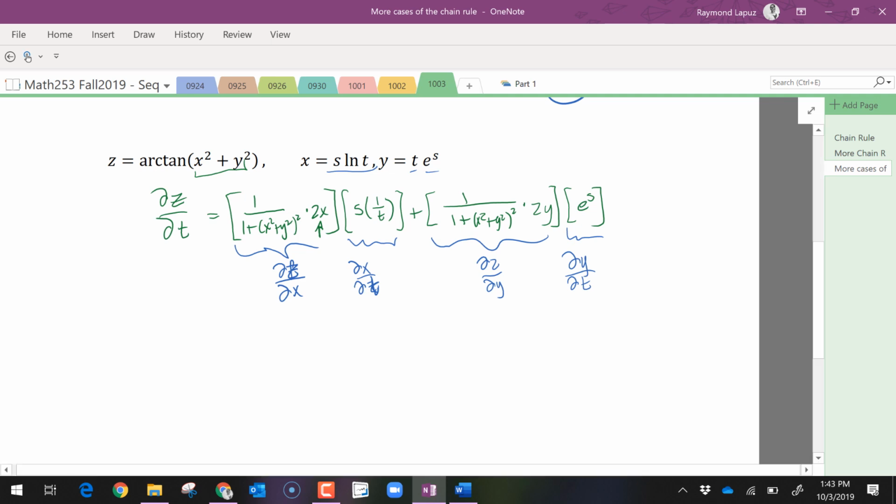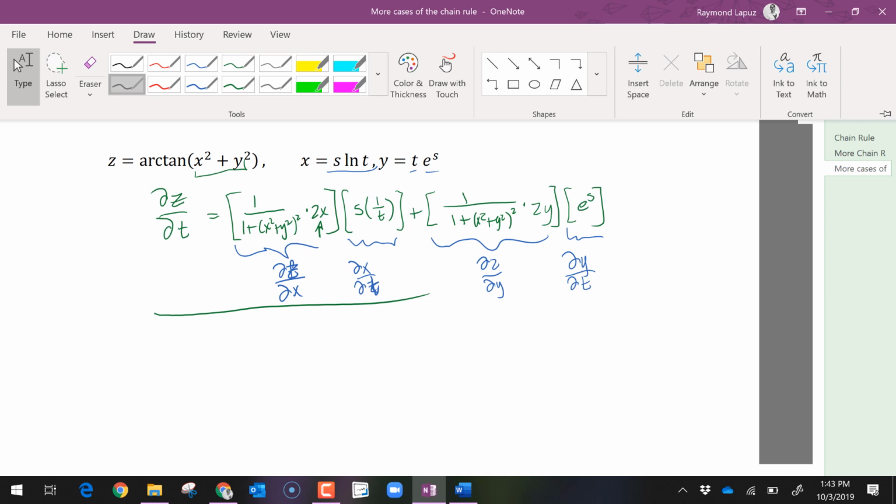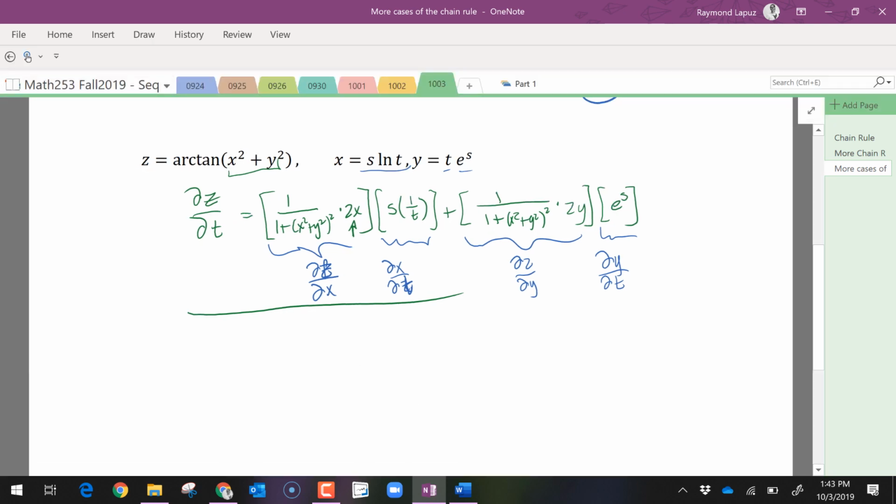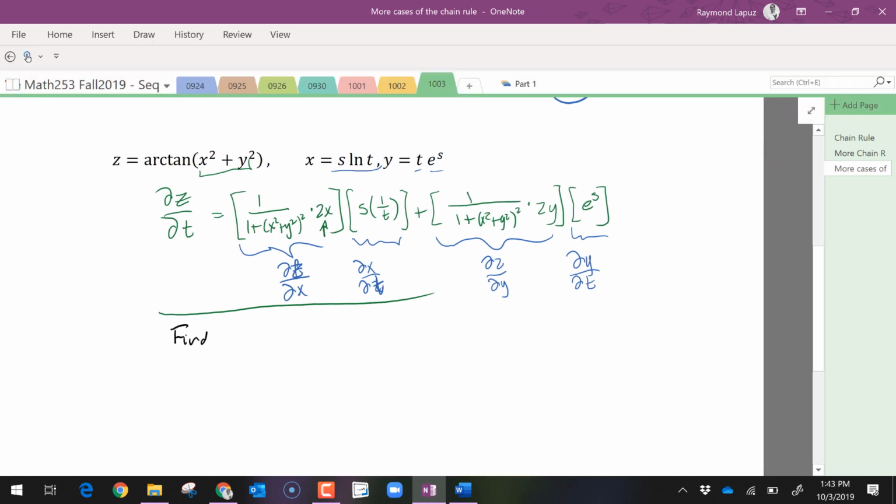So we want, just to get used to some notation, to find dz dt evaluated at, which one's first in the alphabet, S or T? S is first, right?